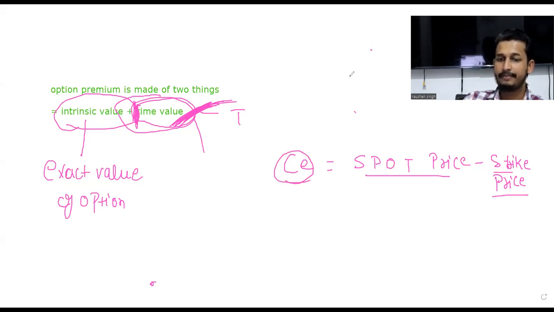Meaning if Bank Nifty is at 41,250, what will be the intrinsic value of the 41,200 strike?